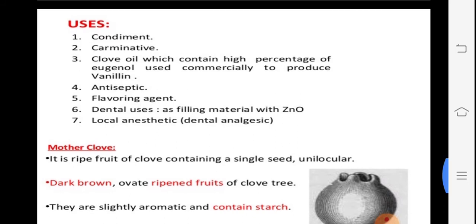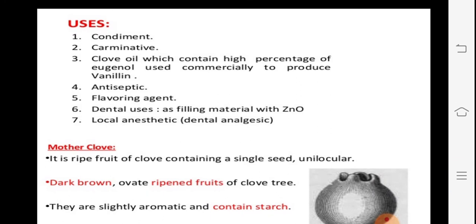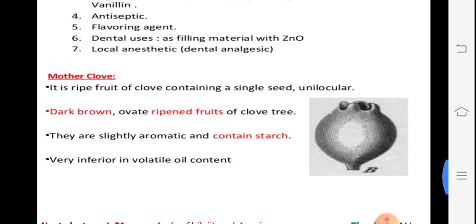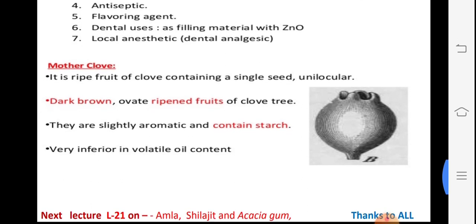Commercially it is used to produce vanillin. It has antiseptic properties against septic conditions. It is a good flavoring agent and is used for dental purposes, as a filling material with ZnO. It is mixed, and therefore dentists use it.